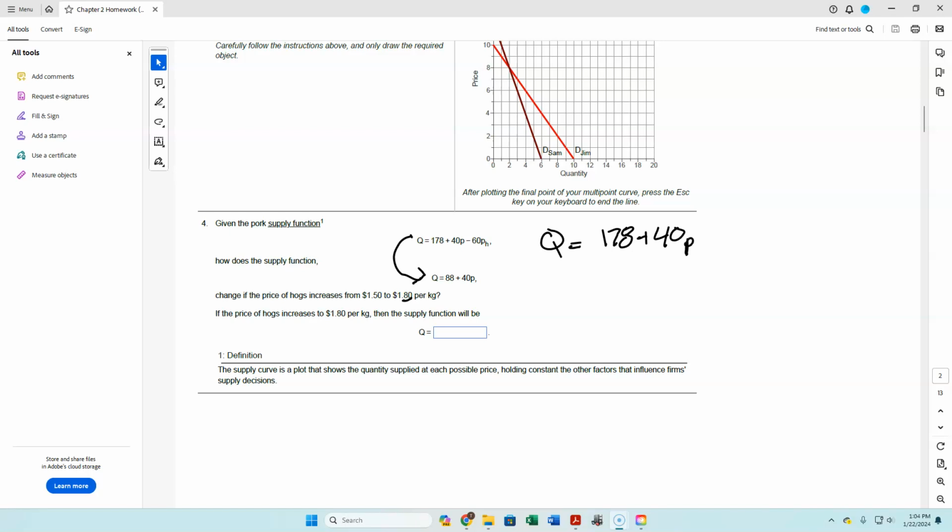plus 40p minus 60 times 1.8, which equaled... sorry, even in my notes that I wrote for myself, it was a different iteration of this. So sorry, 60 times 1.8.